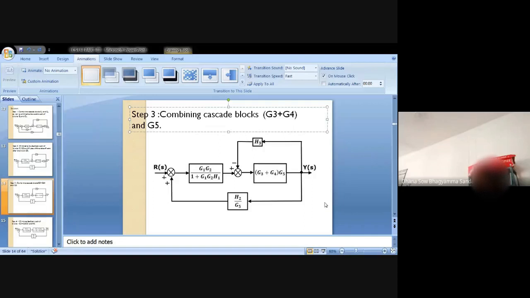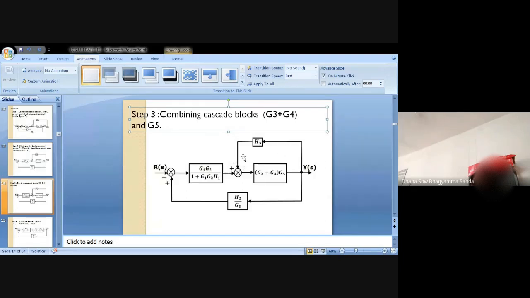Step number 4 is eliminating the feedback path. No need to write G3, G4, G5 terms; simply writing combining the cascade blocks is more than sufficient. I will eliminate this feedback path.